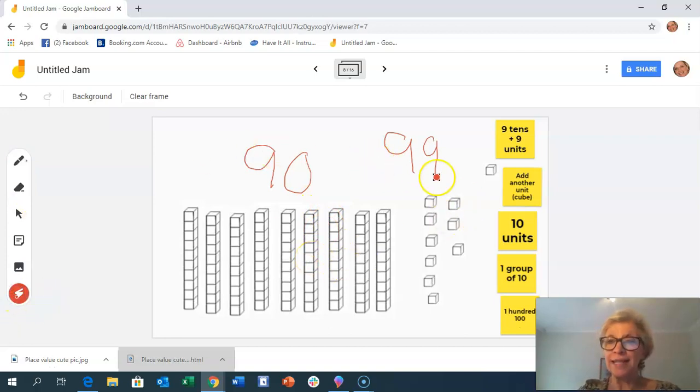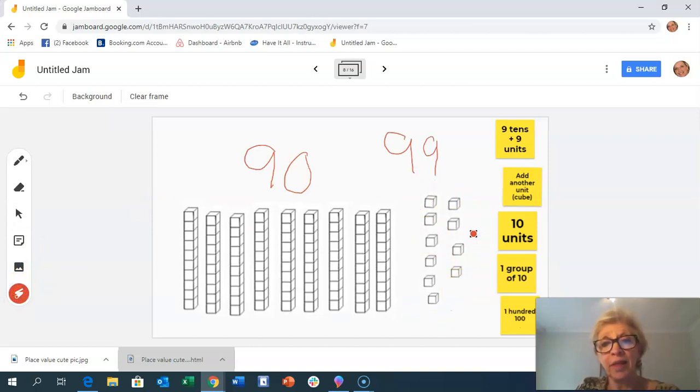And what have I got sneaking up here? So we're talking about 9 tens plus 9 units. If we add another cube or little unit, what will I have? I'll have 10 units here. So if I take my little cube and I slot it in there, I now have 10 units here.